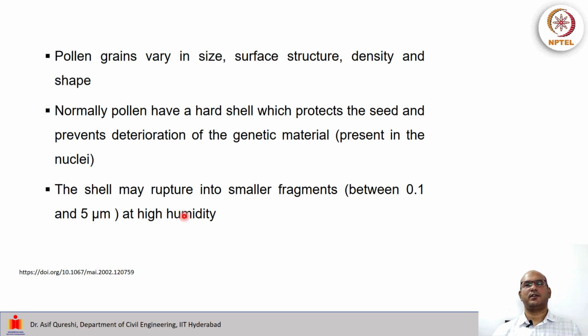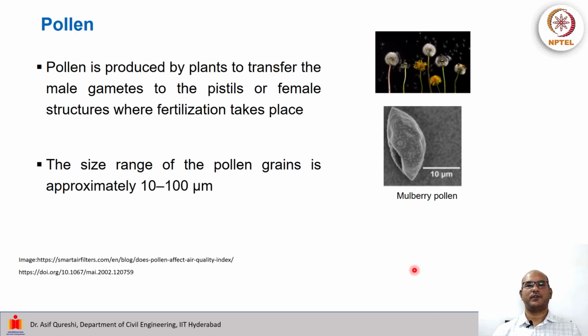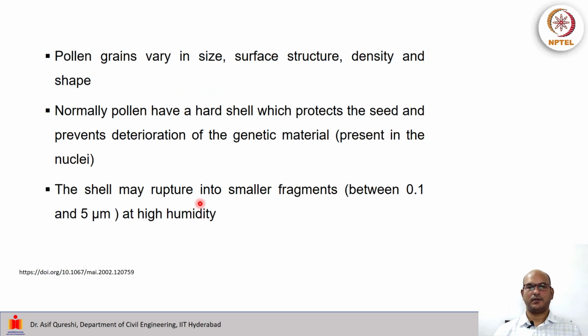At high humidity or other environmental circumstances, the shell may rupture into smaller fragments between 0.1 and 5 micrometers. So the larger pollen, which was 10 to 100 micrometers, may rupture into smaller fragments between 0.1 and 5 micrometers, and in this size range they can travel further in air.